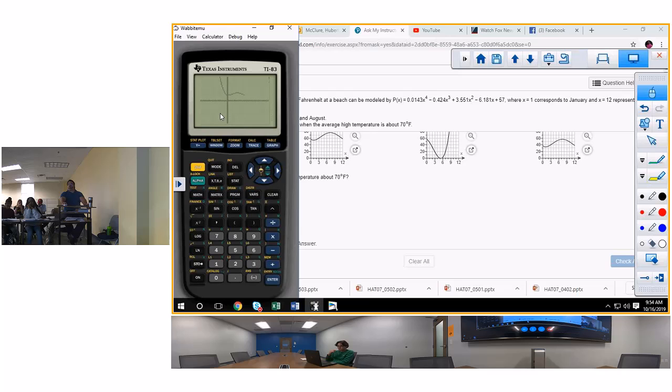So go to zoom, and then box, and highlight the left-hand side, and you need to make it as small as possible. All you got to do is get those intercepts. So I'm going to make it right there. And the smaller you make it, the better.